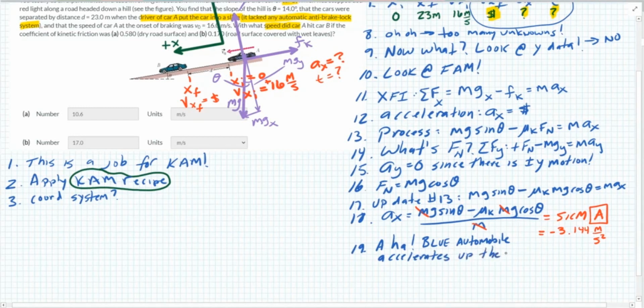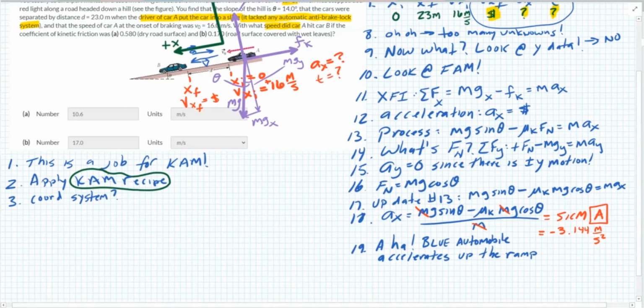Isn't that interesting? Let me say that again. Yes, for sure. You slam on the brakes and you are moving down the ramp. But as you're moving down the ramp, you're slowing down. So if this is your velocity vector, your acceleration vector is up the ramp, and that means slowing down. You're moving down the ramp, but you're slowing down as you move down the ramp.